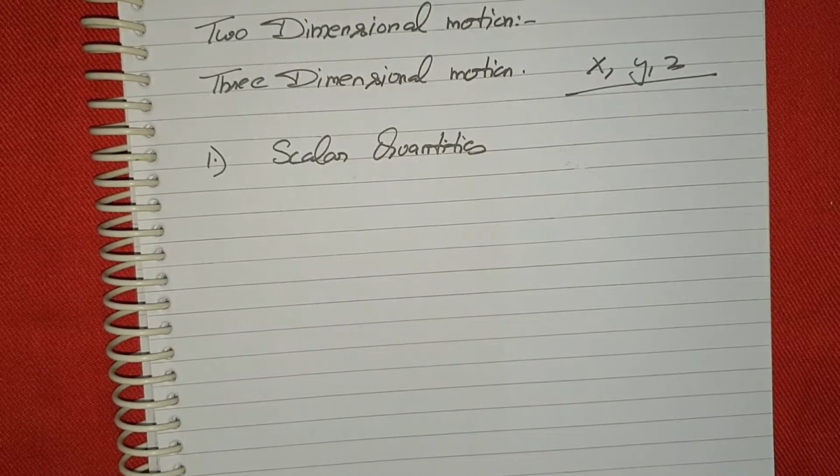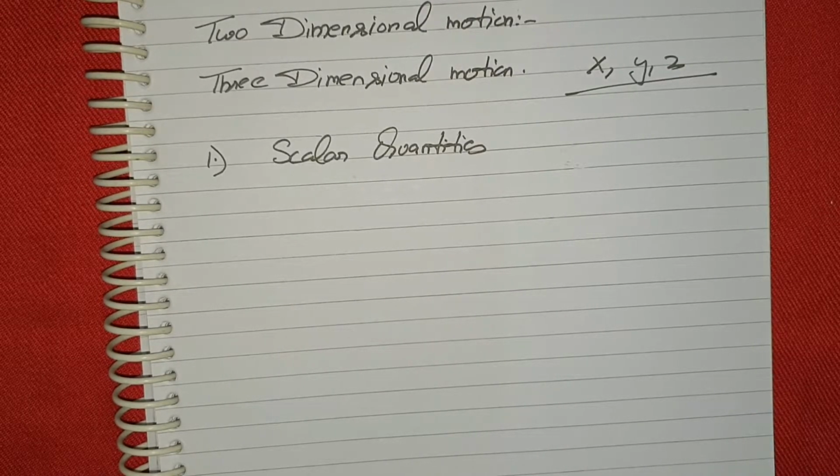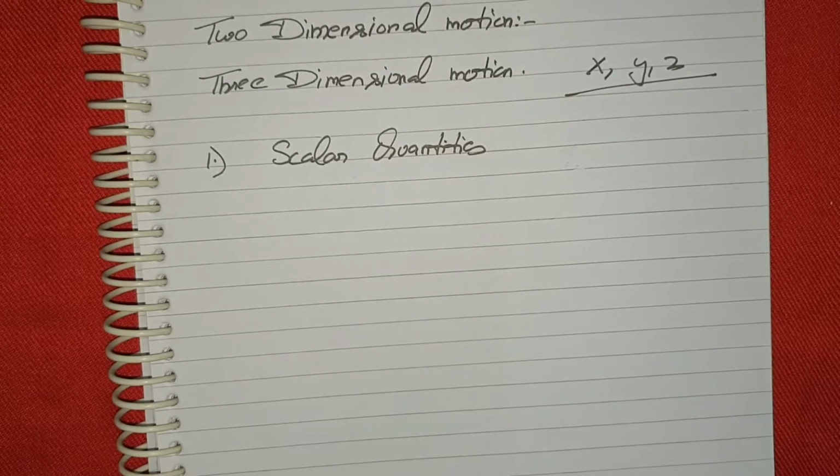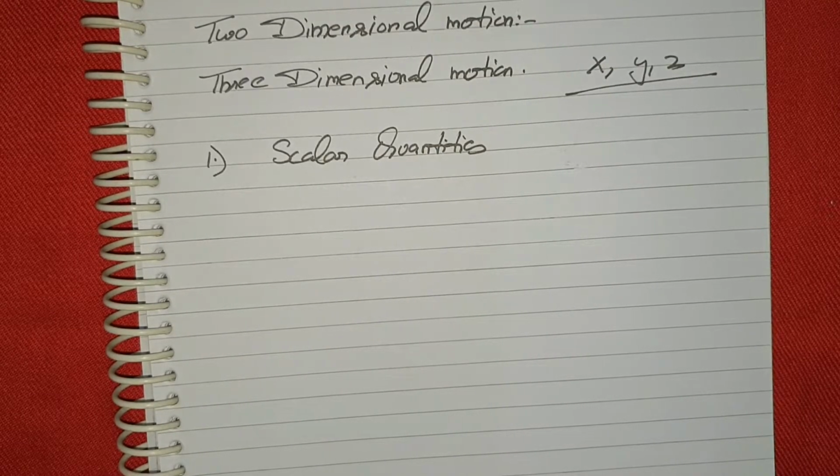For example, if I ask someone the mass and he says the mass is 10 kg, it doesn't require any direction. So, mass, length, time, distance covered, speed, temperature, work, etc. are a few examples of scalars. And scalar quantities can be added, subtracted, multiplied or divided by the ordinary laws of algebra.